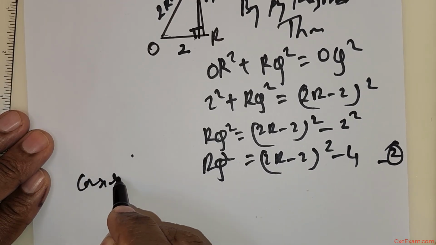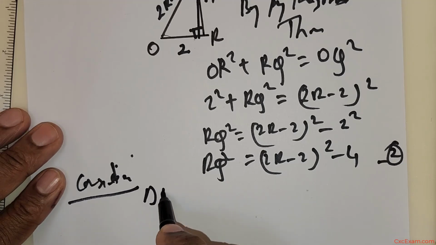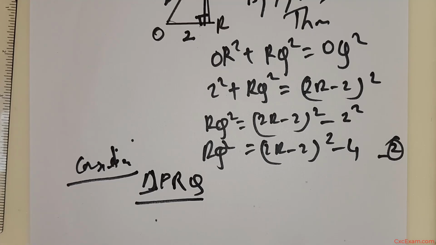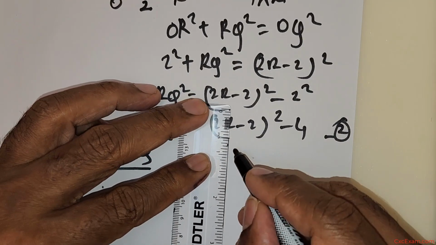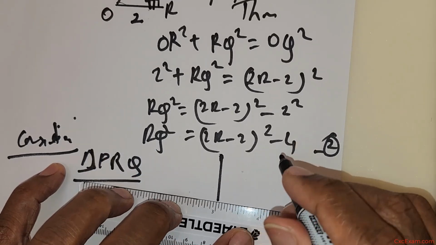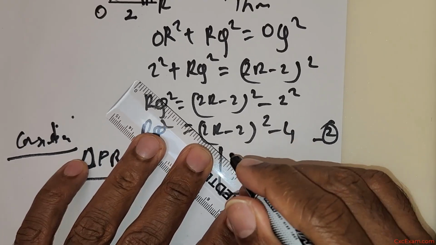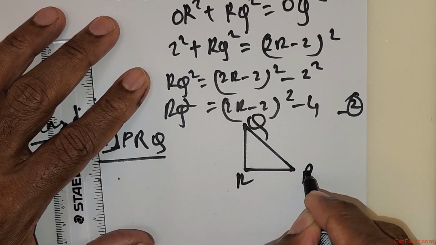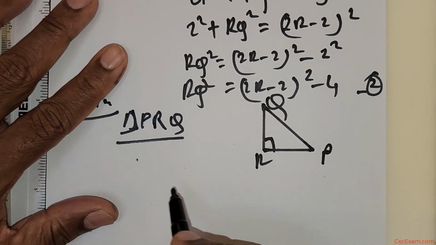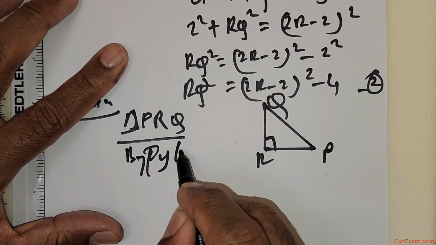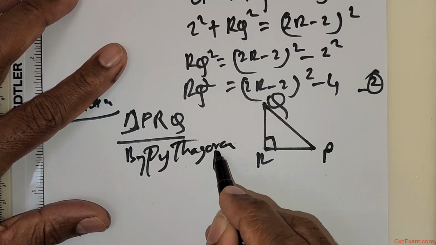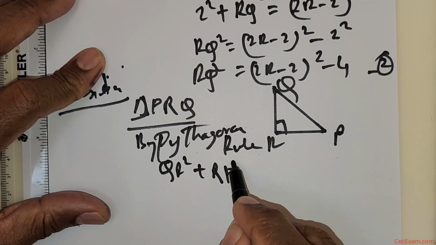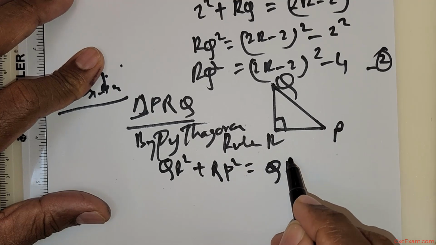Now next you consider triangle PRQ. So if I were to draw PRQ, this is how it looks. So this is R, this is Q, this is P, this is 90 degrees. So by Pythagoras rule, what do you have? You have QR squared plus RP squared is equal to QP squared.